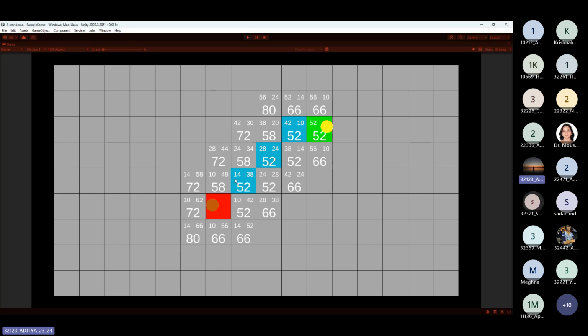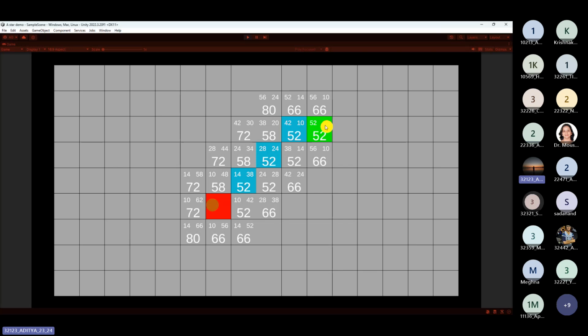The cost to move is 14, as the diagonal of a square is root 2 times the length of the edge of the square. So going from square A to square B diagonally would take me 14 cost. Then the heuristic cost is calculated. The top right number is the H cost, the heuristic cost. Heuristic cost is calculated by taking the distance from the current node to the end node.